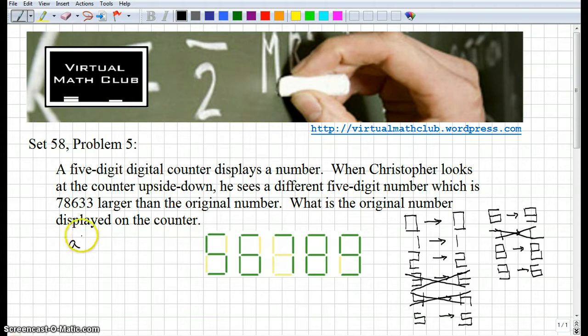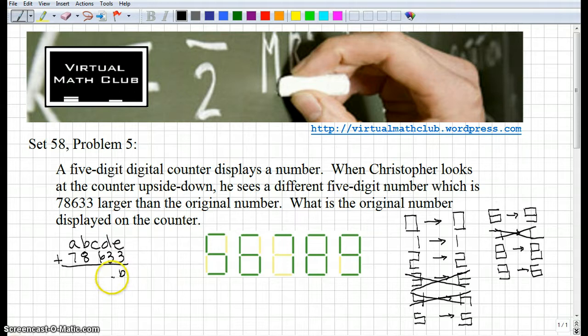Let A, B, C, D, and E be the digits of this 5-digit number. And we're told that when we add 78,633 to the number, we get the number upside down. Again, I can't turn my computer upside down, so I'm going to try and write these numbers upside down.